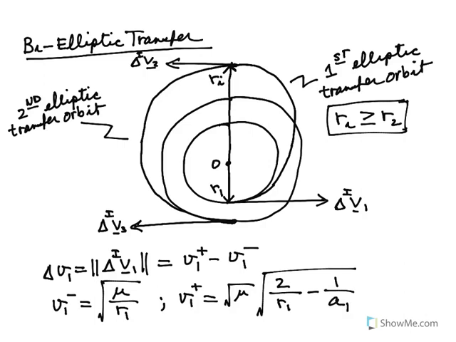Well, a1 is the semi-major axis of this first elliptic transfer orbit. So it's equal to, I'm going to write it over here because I've got the first elliptic transfer orbit on the right, r1 plus ri all divided by 2. And I'll go back and put the other one on when it becomes the time to do so.